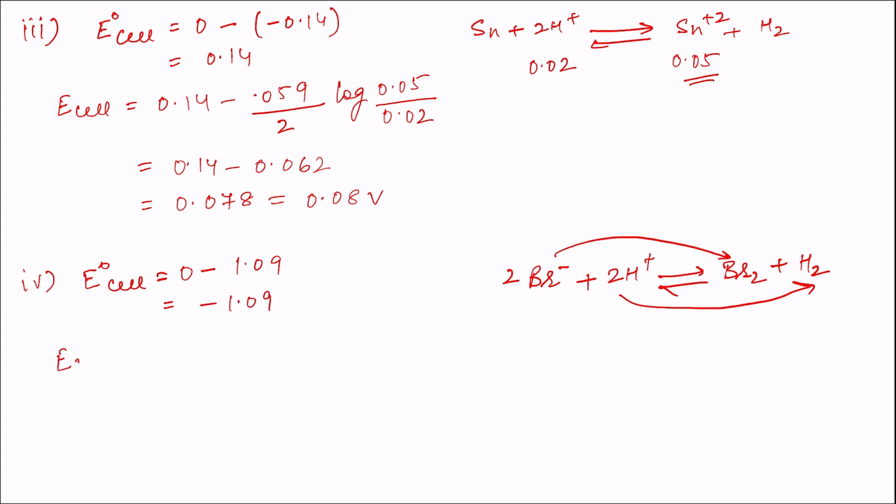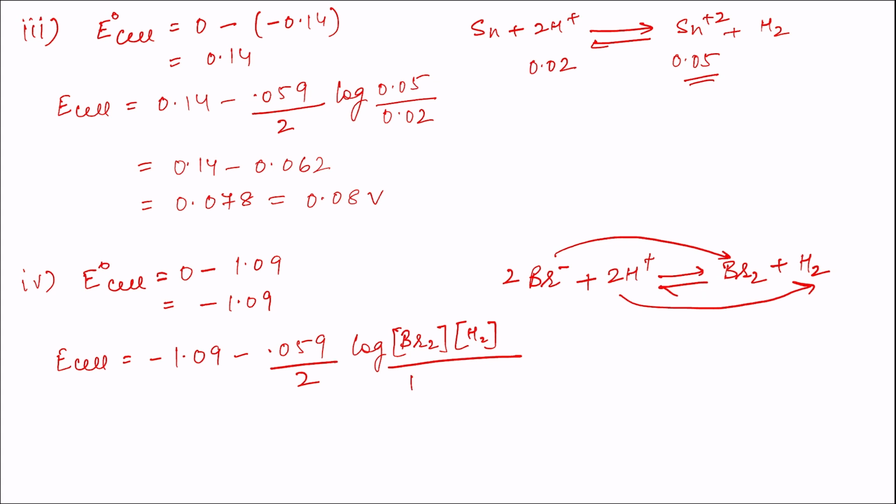E cell will be equal to E0 cell, that is minus 1.09 minus 0.059 by 2, since the number of electrons involved is 2, log bromine multiplied by hydrogen gas divided by concentration of bromide ion raised to the power 2 and concentration of H+ ion raised to the power 2. Partial pressure of hydrogen is given as 1. Bromine, it is 1.